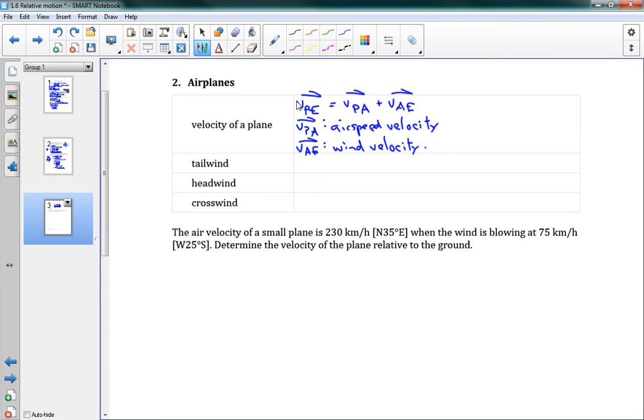Now, there's 3 terms here: tailwind, headwind, and crosswind. A tailwind means that the wind blows with the plane. So it's going to be positive. It's in the same direction as the plane. Whereas a headwind is where the wind blows against the plane.